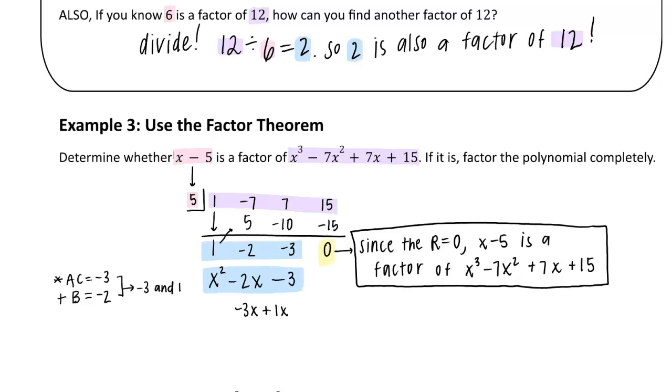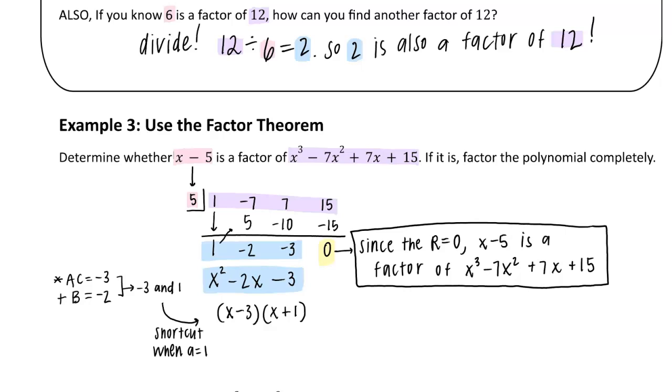However, when the a value is 1, you can skip straight to the factors. When the a value is 1, we know that the two numbers we come up with are the two numbers in our factors. So x squared minus 2x minus 3 factors down into x minus 3 times x plus 1.